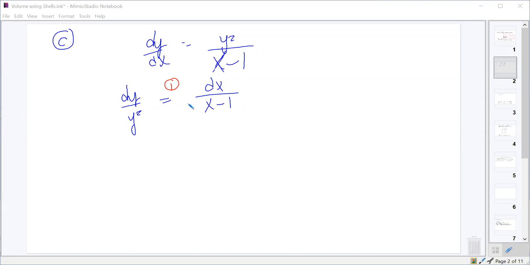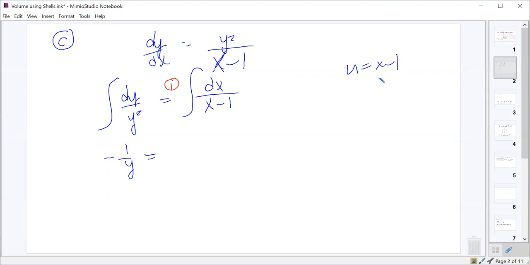How do we integrate dy over y squared? -1 over y. Yeah, it's just y to the -2, right? So when we integrate that, we just use the power rule, -1 over y. What about dx over x minus 1? That's a u sub.